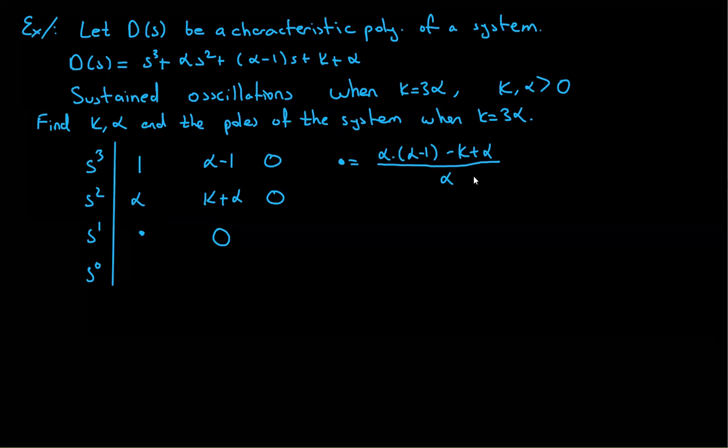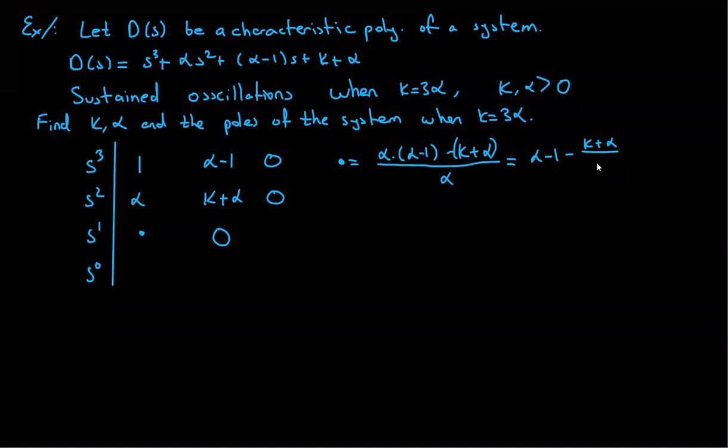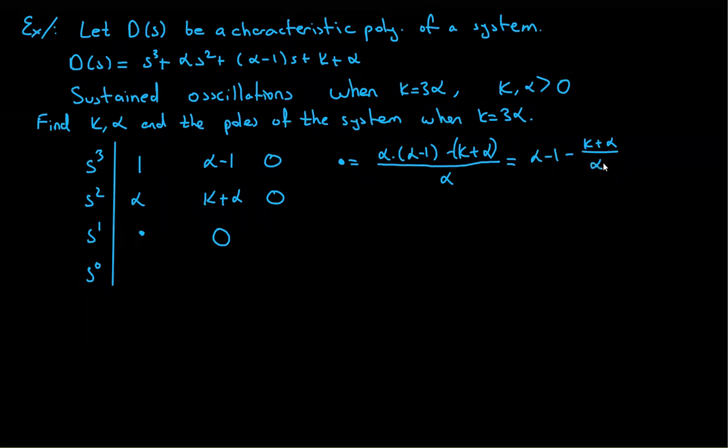So that is equal to alpha minus 1 minus, this is in parentheses, (K plus alpha) divided by alpha. Okay.